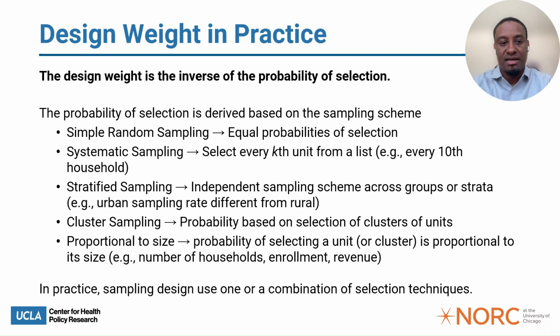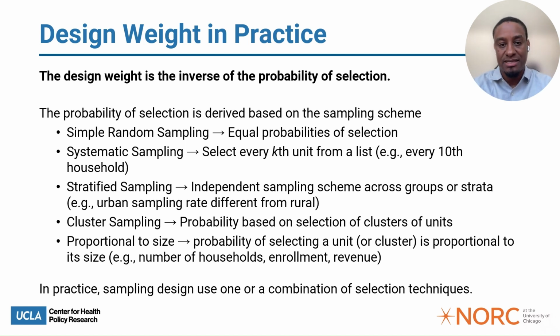Proportional to size sampling is where we select a unit based on its size, and the size is often referred to as measure of size. Measures of size can be the number of households, enrollment in education settings, or revenue, income or number of employees in a business setting and so on.